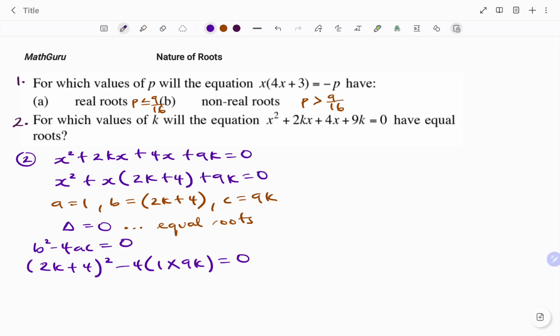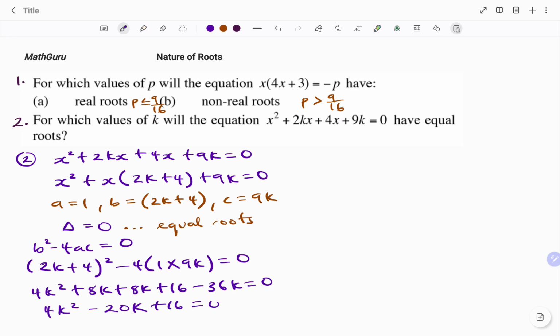Expanding, I have 4k squared plus 8k plus 16, plus another 8k, minus 4 times 9k, that is 36k, equal to 0. Collecting like terms, I have 4k squared minus 20k plus 16 equals 0.